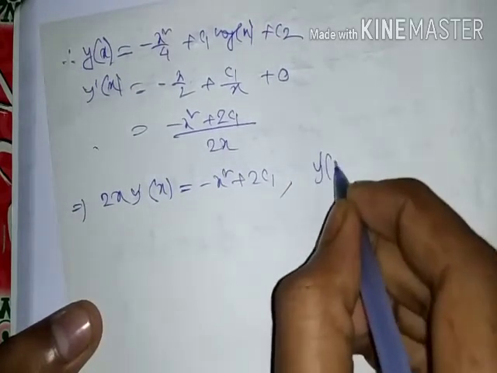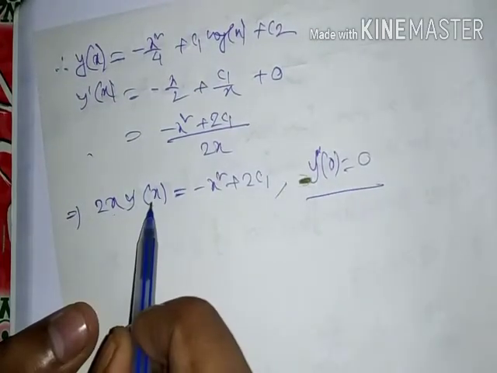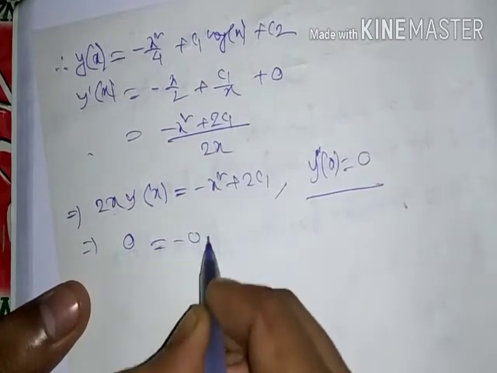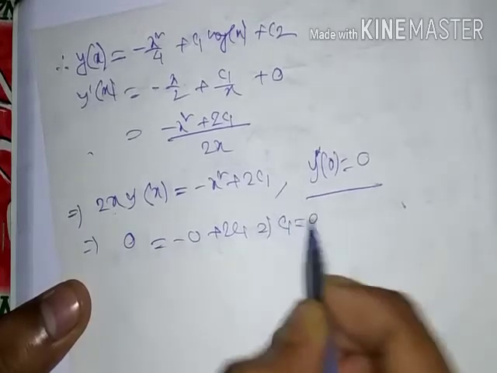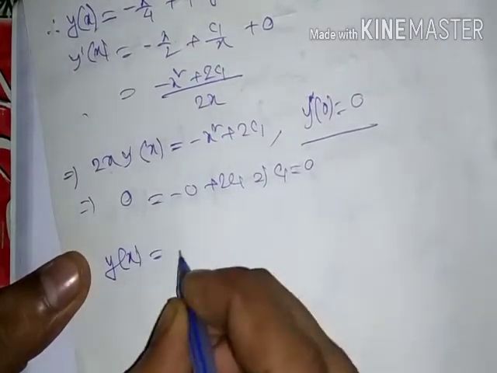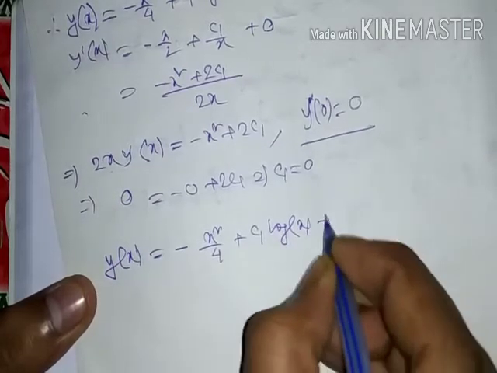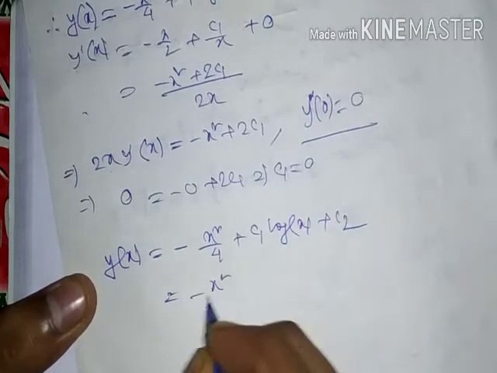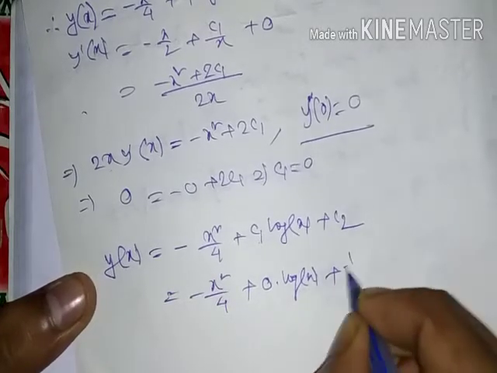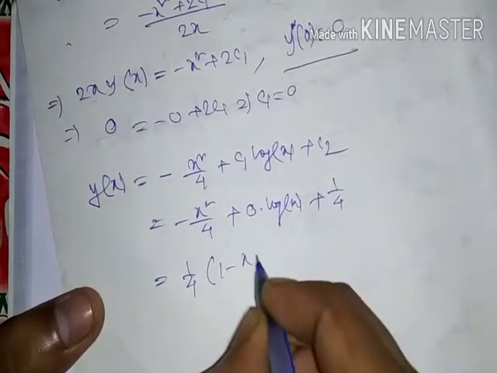Now we use y dash of 0 equal to 0. In place of x we use the value 0. We get 0 equal to minus 0 plus 2c1, which gives c1 equal to 0. Finally we get y of x equal to minus x square by 4 plus c1 log x plus c2. Already we got c1 equal to 0 and c2 equal to 1 by 4. So finally we get y of x equal to 1 by 4 into 1 minus x square.